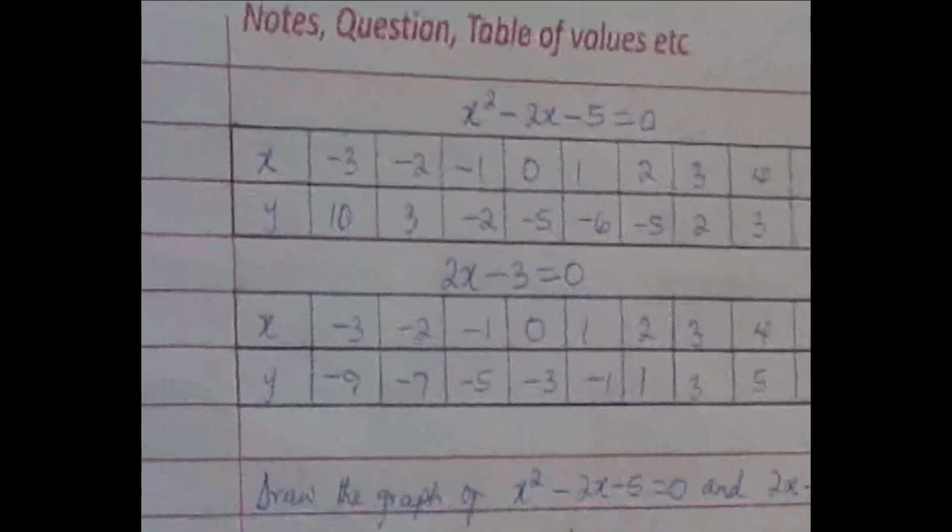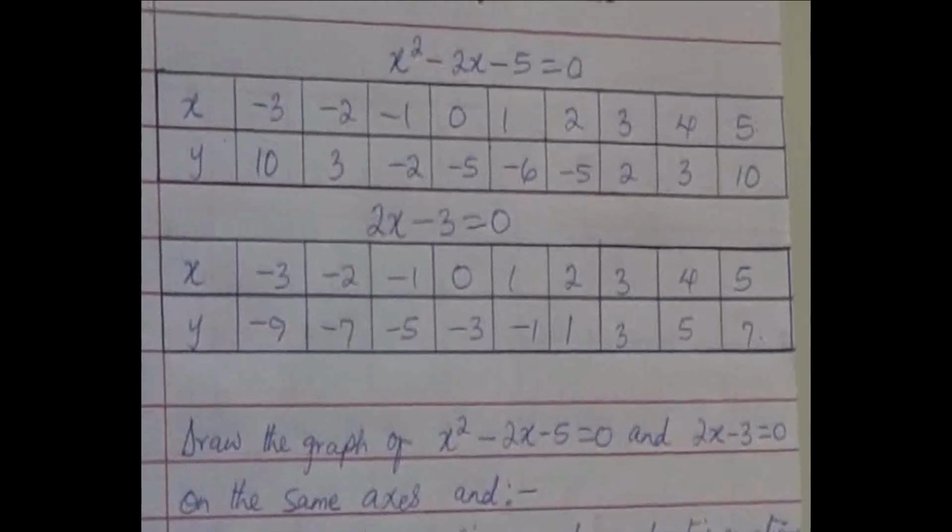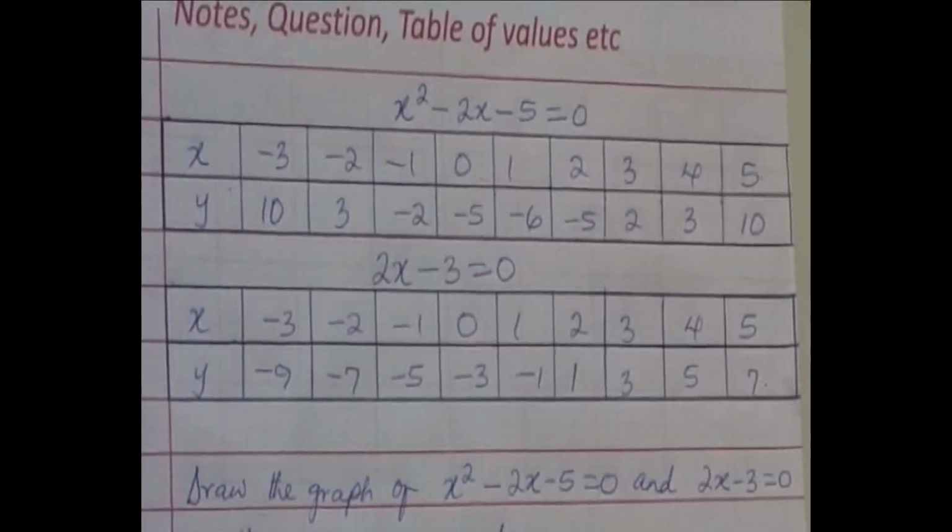On this other side, you could read using scale of 2 cm to 1 unit on x-axis, that is on the horizontal axis, and 2 cm to 2 units on y-axis. Now the first thing I want to do now is based on the values we have on our table of values.